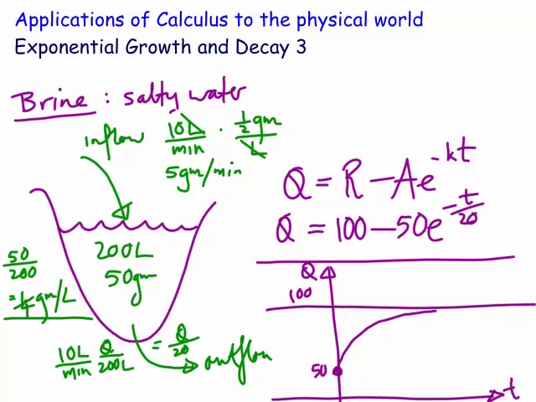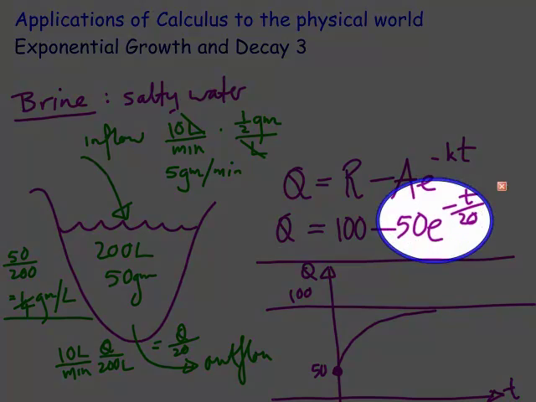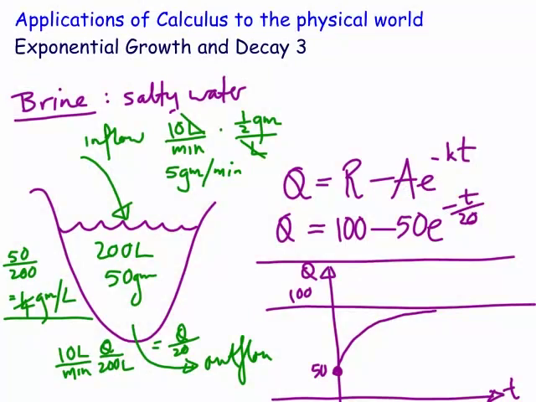And the transitional state, which is this bit here, is basically coming up to 100 from below. It's actually getting smaller and smaller as t goes on. Okay, well, thank you for watching.